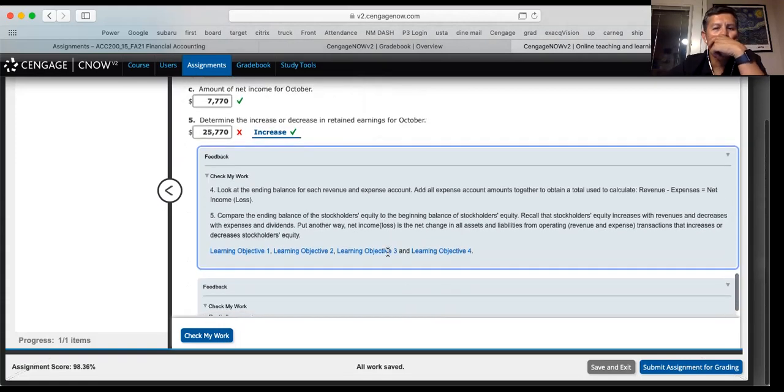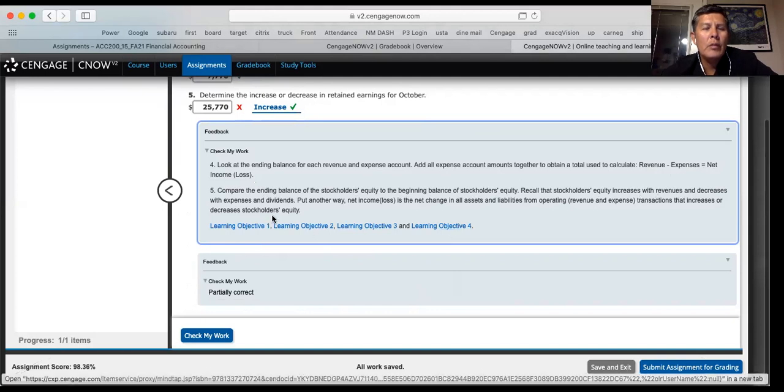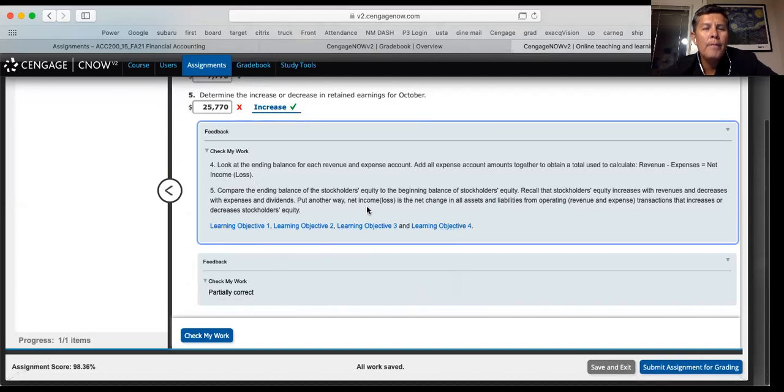See, it doesn't give us the answer. It just says partially incorrect. It says to look at the ending balance for each revenue and expense account, add all expense amounts together to obtain the total, and revenues minus expenses equals net income. Compare the ending balance of stock to the beginning balance of stockholders' equity. Recall that stock will increase with revenue and decrease with expenses and dividends.